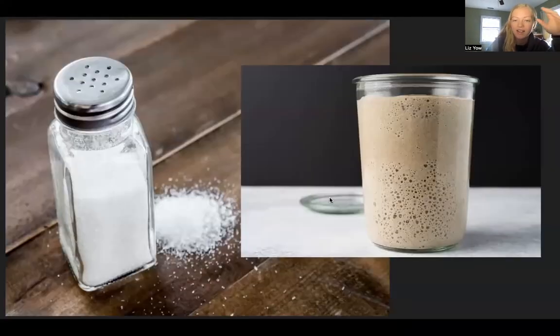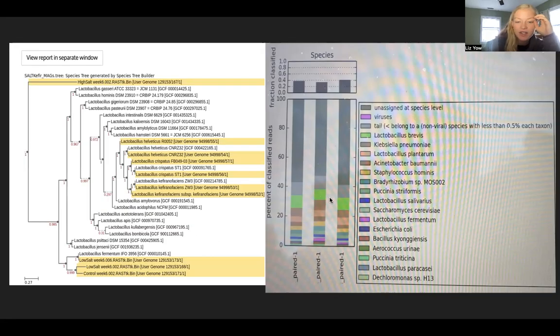So, oh my goodness, sorry. So this is the high salt right here, and this is the low salt. This one changed more, as it has more abundance of each of the bacterial colonies.